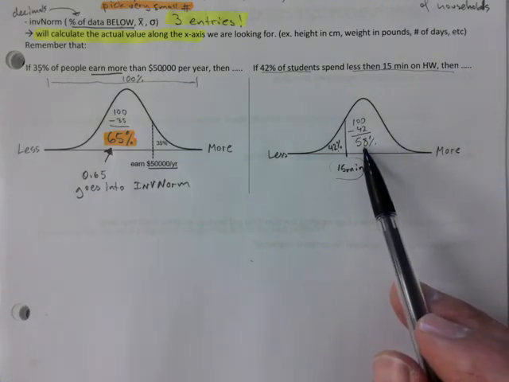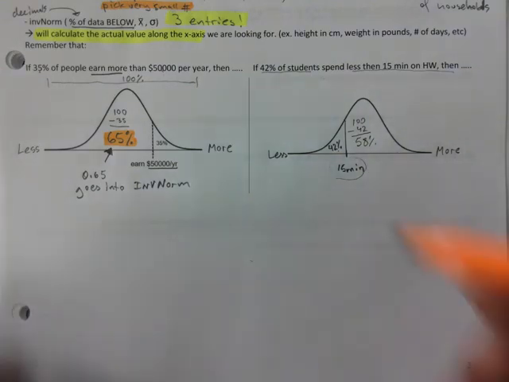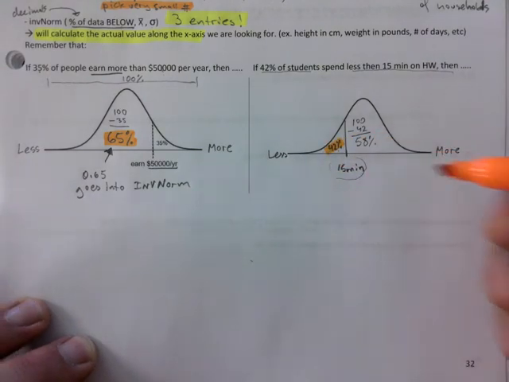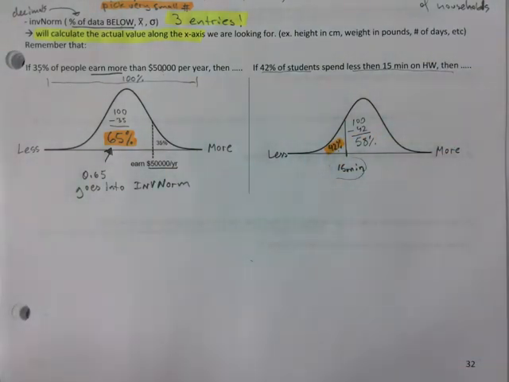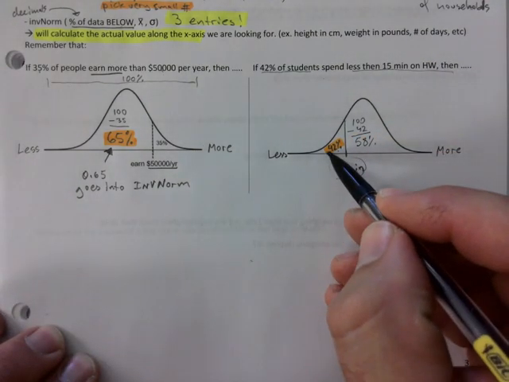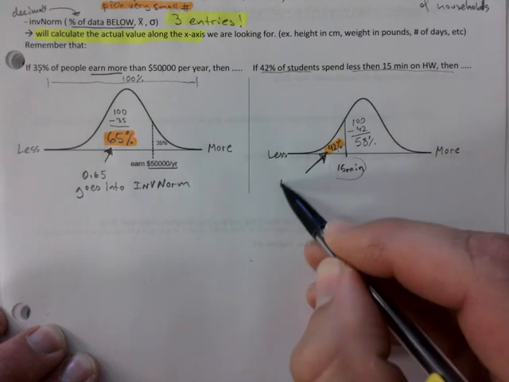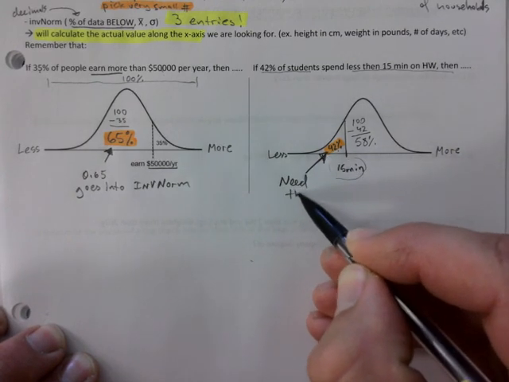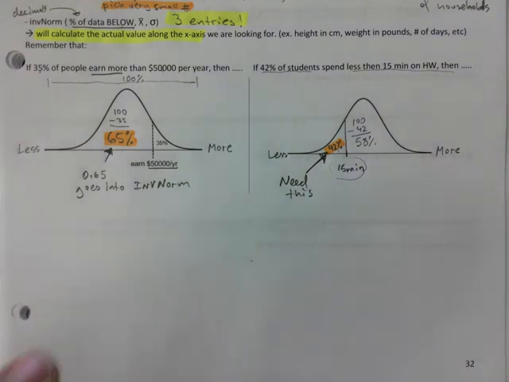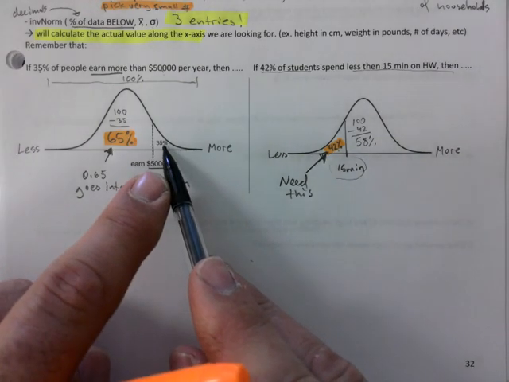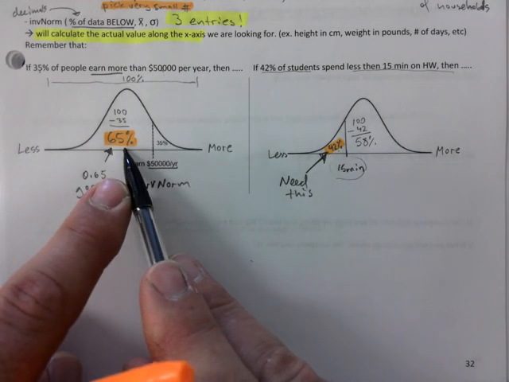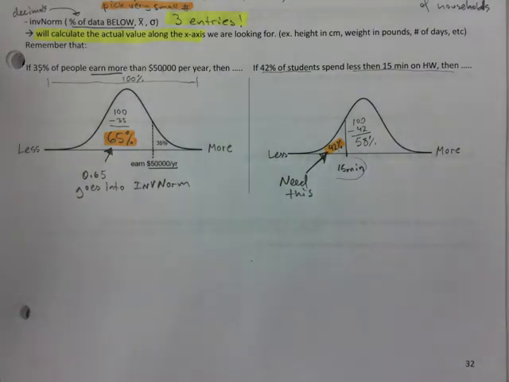Because we don't really need it, right? You already have the one that inverse norm would want. Okay, this is what we need. So sometimes it's given, sometimes they'll give you everything to the right, so you have to find the percentage to the left.